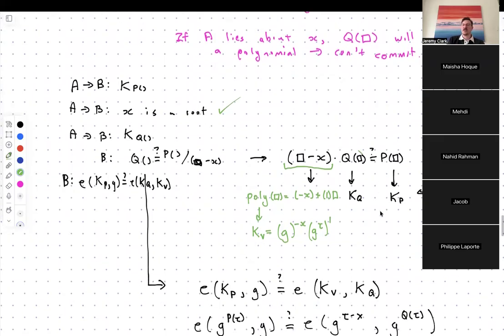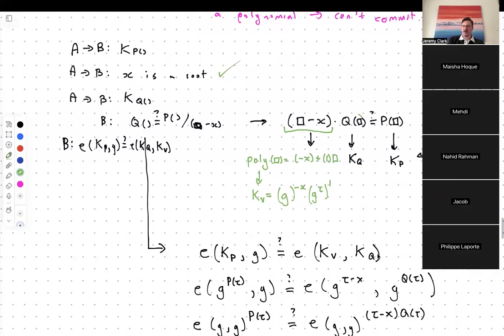What she's giving is a commitment to p and a commitment to q. So what Bob has is a commitment to this p value, which is just g to the power of p(tau). That's what that commitment value is. She's giving a commitment to the polynomial q, which would be g to the q(tau). So the commitment to polynomial q is g to the q(tau).